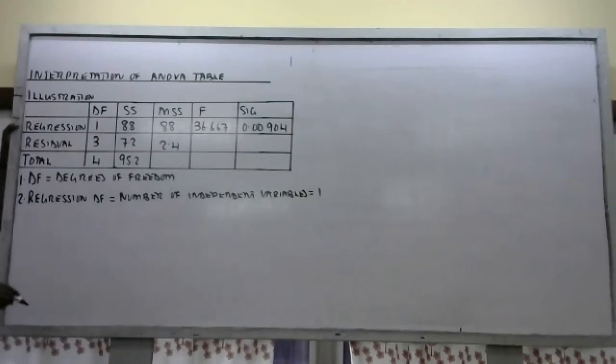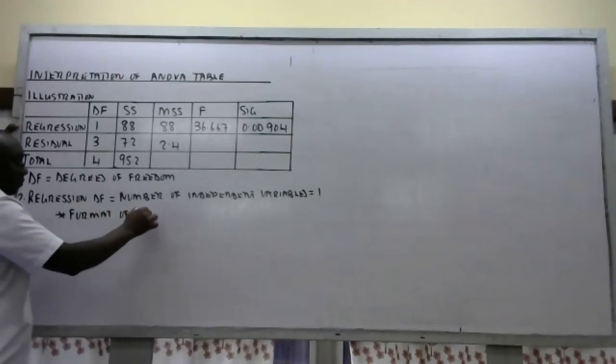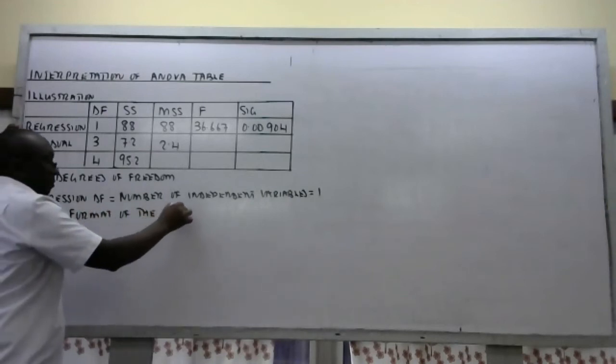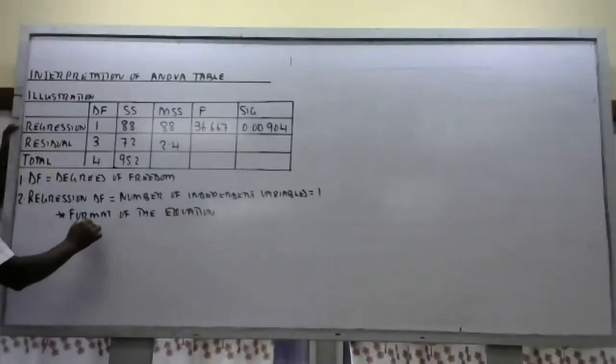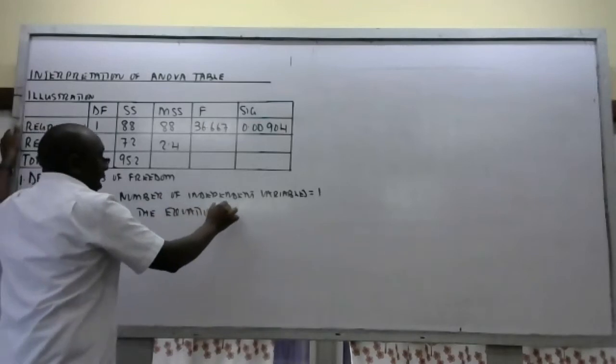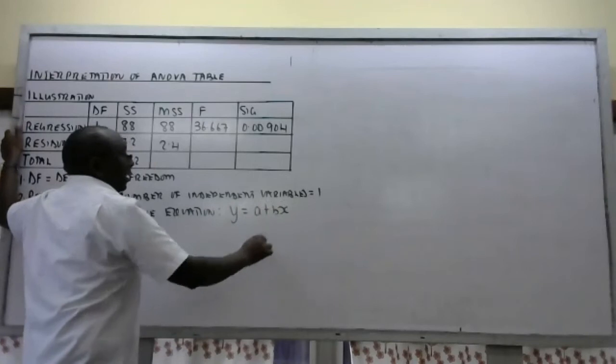When you know the number of independent variables, that helps you to know the format of the equation. So the format of the equation that we are dealing with will be y equals a plus b x.